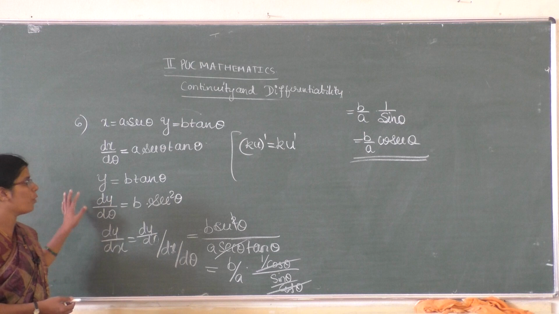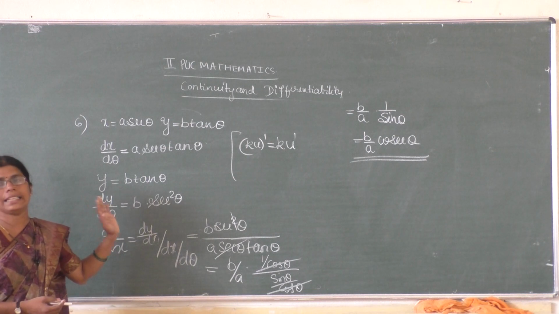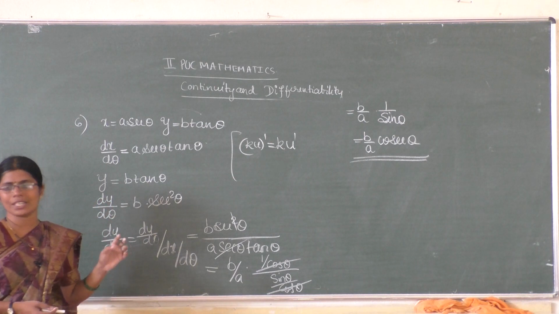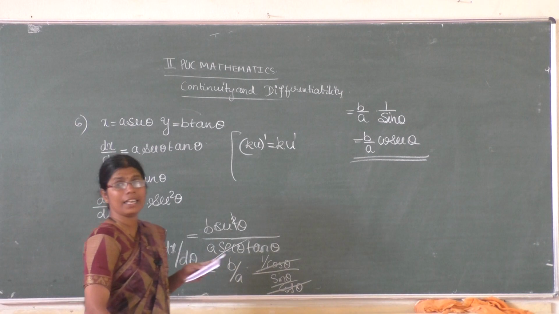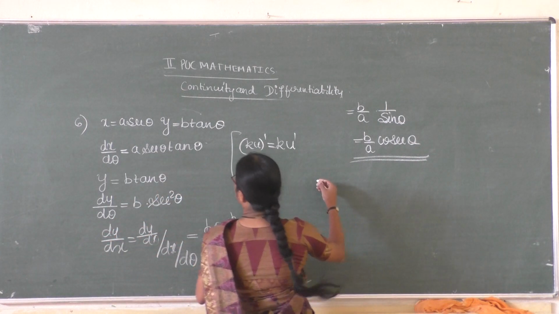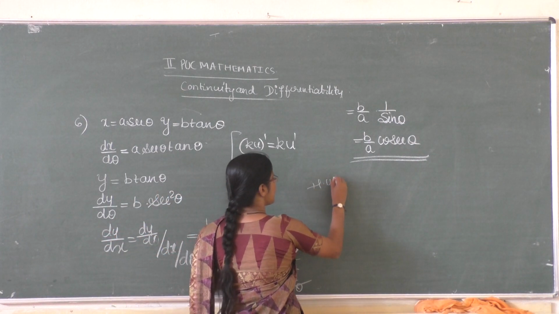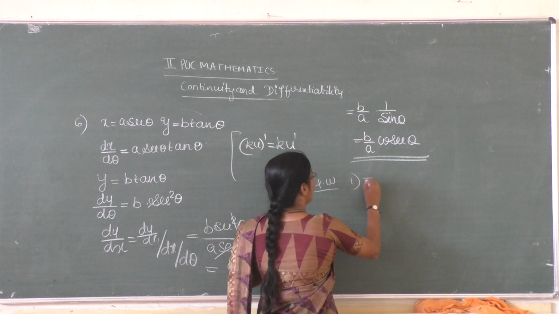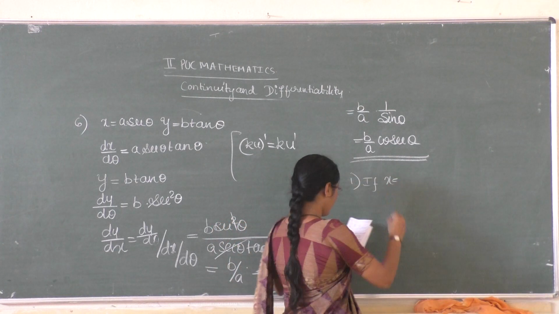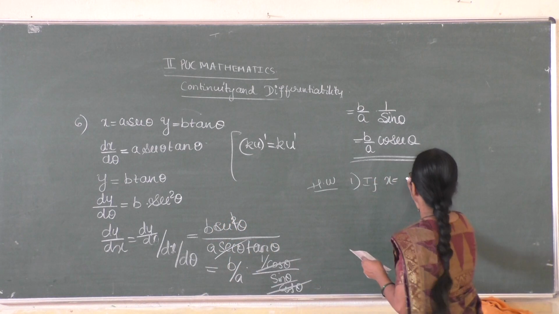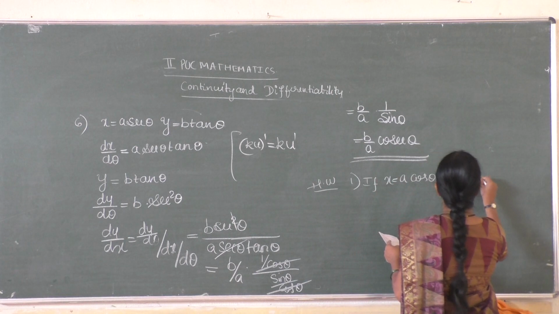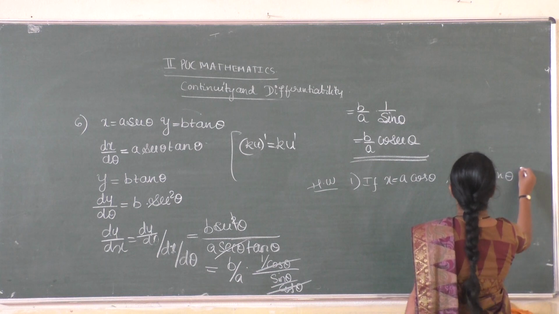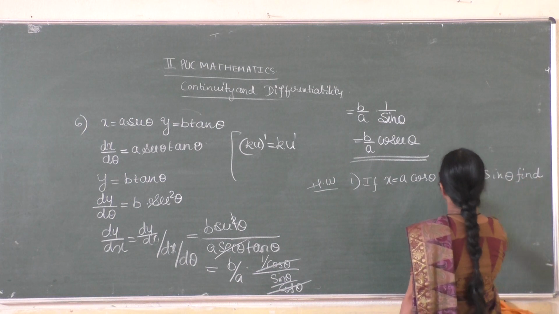Okay, we have some more problems that we continue in the next class. Now you just take 2 homework problems. Okay, you solve this. That means you find the derivative of the following functions. Okay, first one, if x is equal to a cos theta, y equal to a sin theta, find dy by dx.